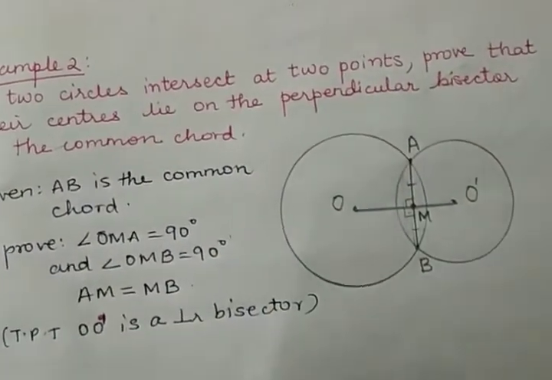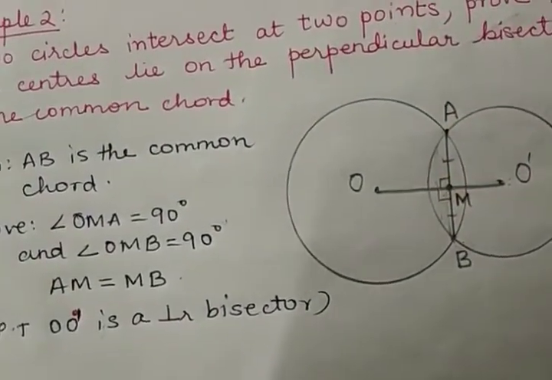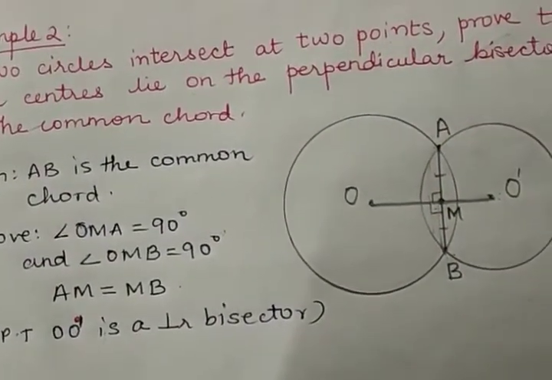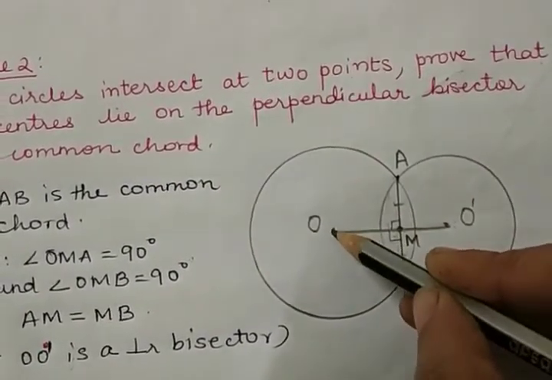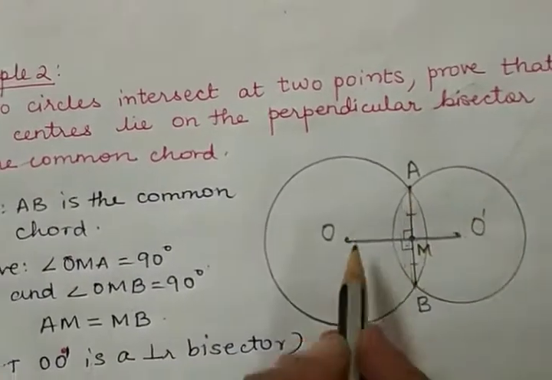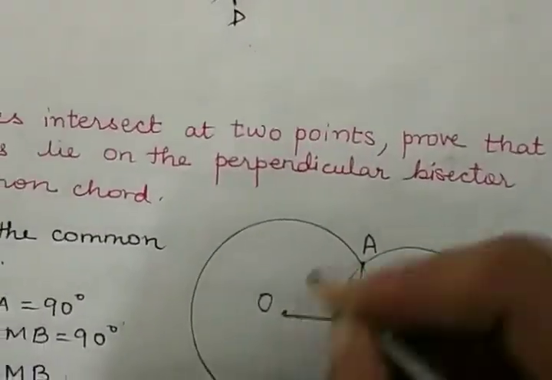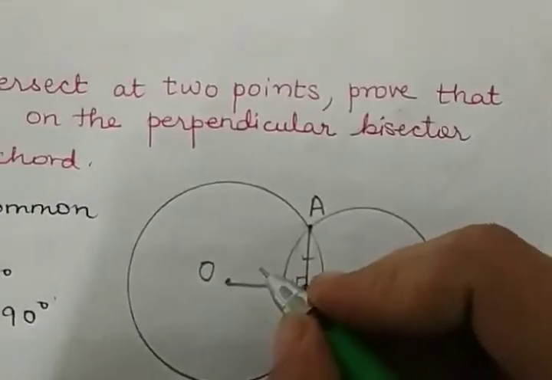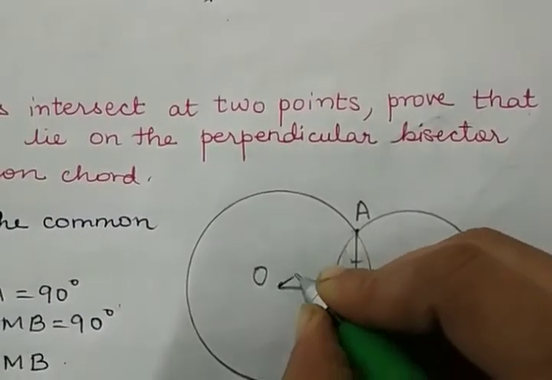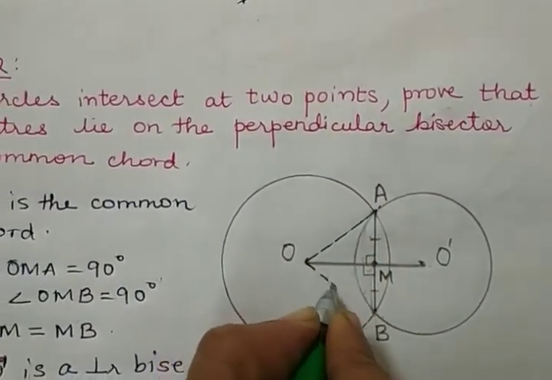If I want to prove that these are the things that I have to show. Now, if you want to prove anything, you must have seen you need two triangles, correct? So to get the two triangles, I will join the radii of these circles with the points A and B. So my construction here is I join the radii of the circle of center O and the other circle.